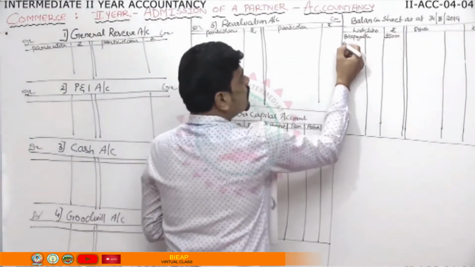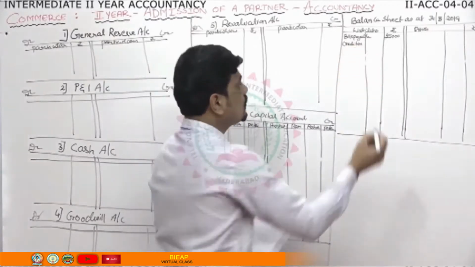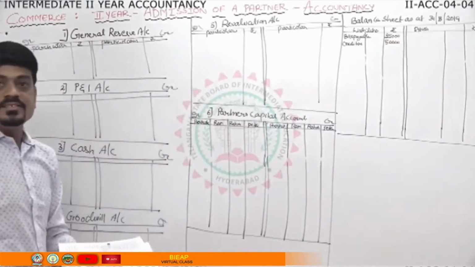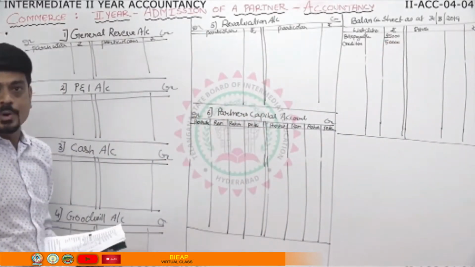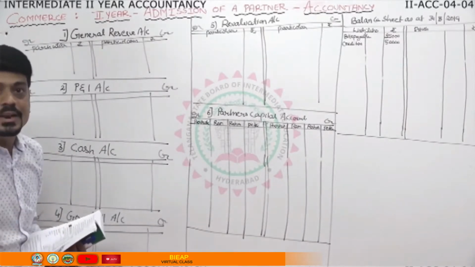Then creditors. As it is, I am writing creditors again, 50,000. Then we have general reserve, which is an accumulated profit. Being an accumulated profit, it shows a credit balance.